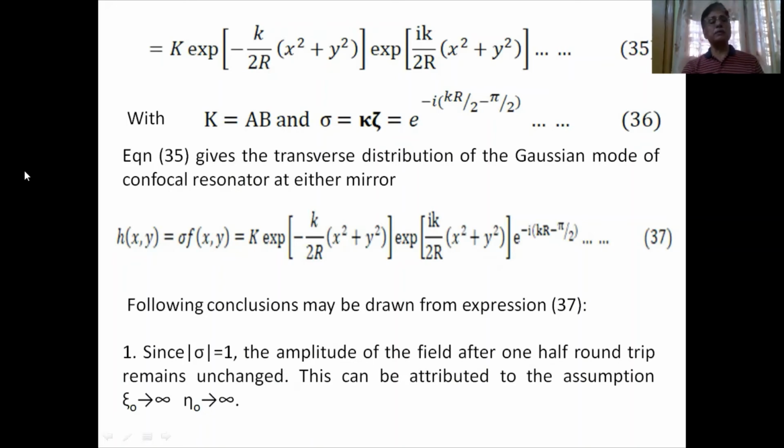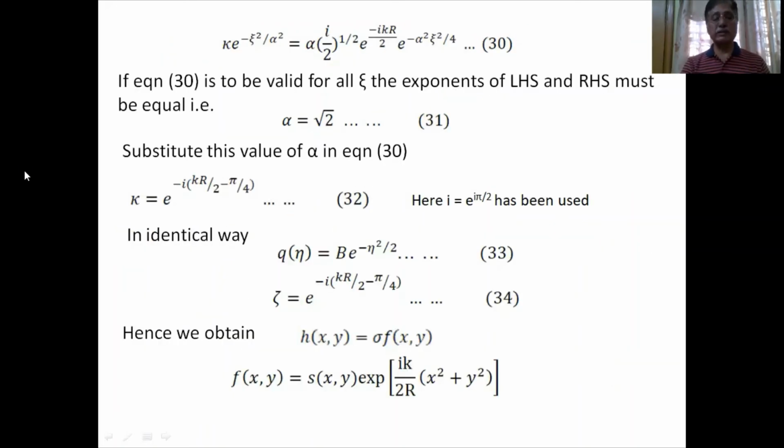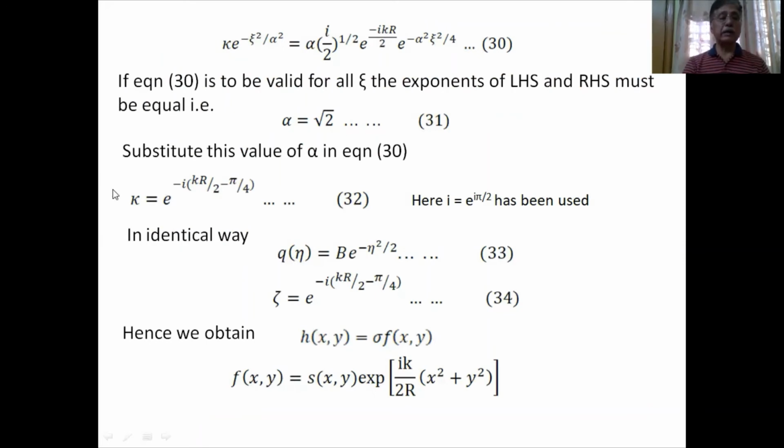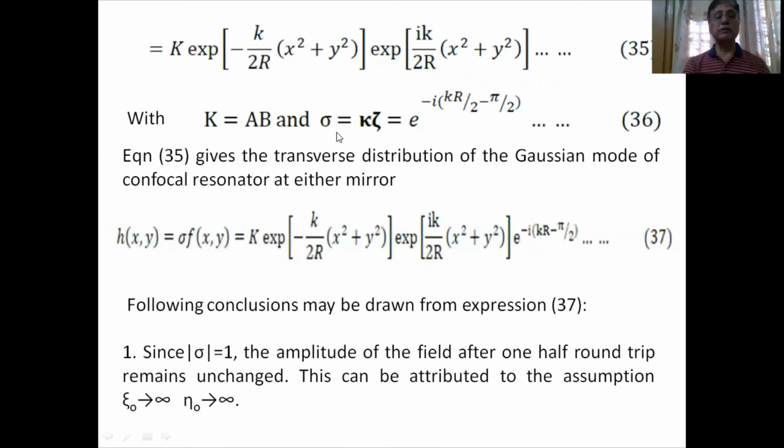K is equal to a b, of course, K exponential minus k by 2r (x square plus y square), exponential i k by 2r (x square plus y square), with K is equal to ab, and sigma is equal to kappa tau, and we have kappa here, we have tau here, and therefore both merge together, so we can write down sigma is equal to this much.